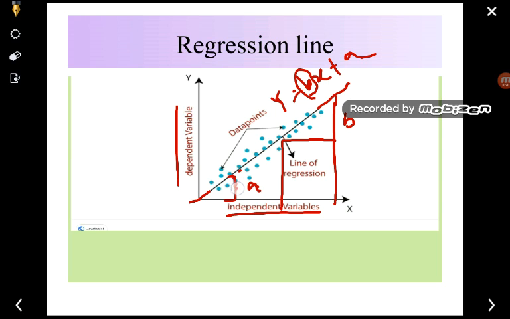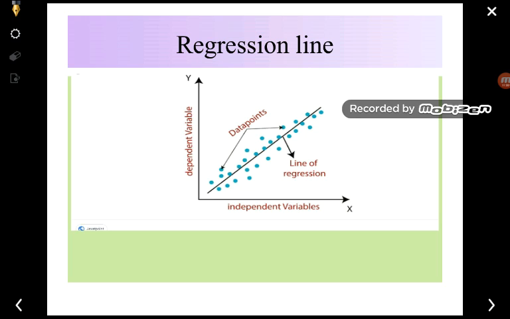So this is the y intercept, and this is b, the slope, and the line is y is equal to a plus bx. This is the x axis and this is the y axis. This is nothing but the regression representation of the line.